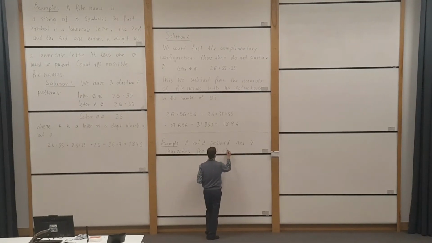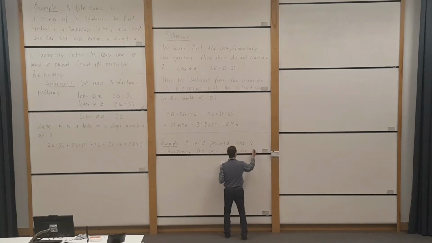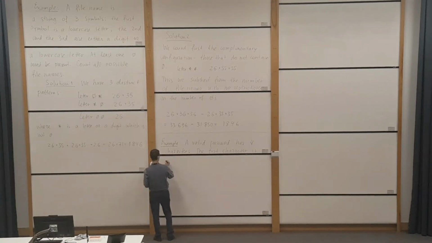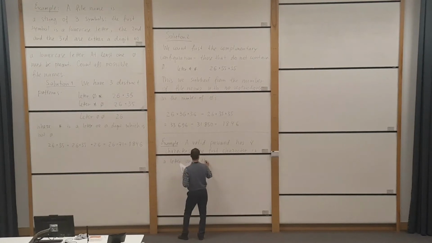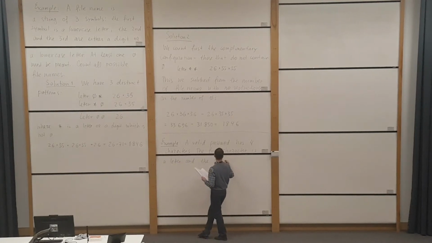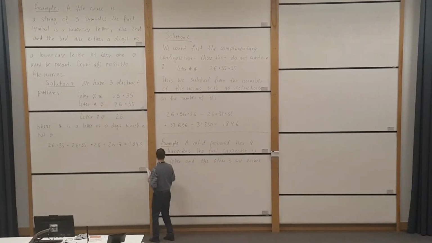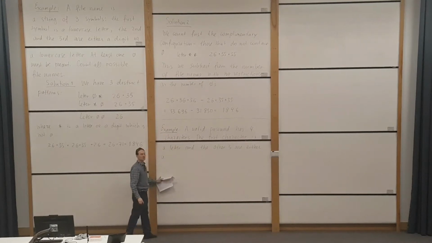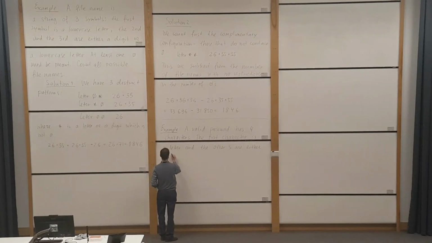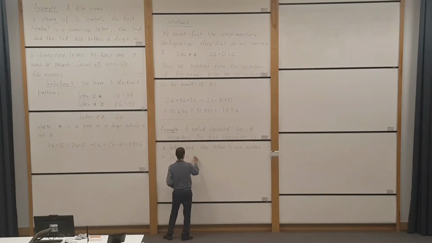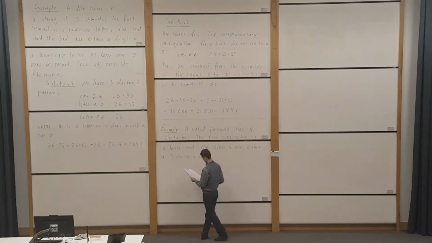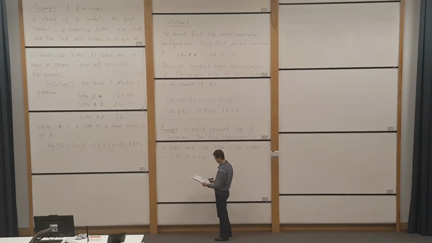The first character is a letter, and the other 3 are either letters, we always consider lowercase for simplicity, or digits. Either a letter or a digit. And the condition now is that at least one digit must be present.